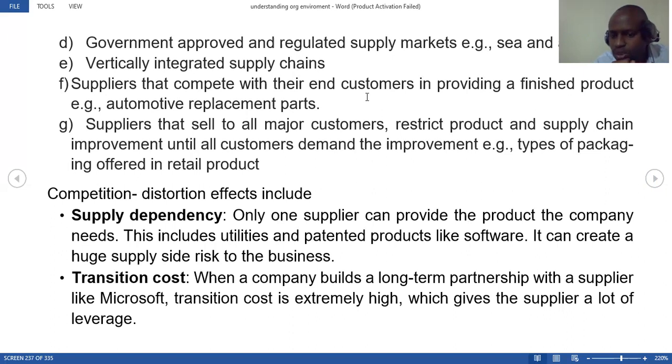When a company builds a long-term partnership with a supplier like Microsoft, the transition cost is extremely high, which gives the supplier a lot of leverage. So it is very difficult for that organization to transition from Microsoft to another company. Therefore, companies like Microsoft will always take advantage of that because they realize you're not going to leave that supplier.